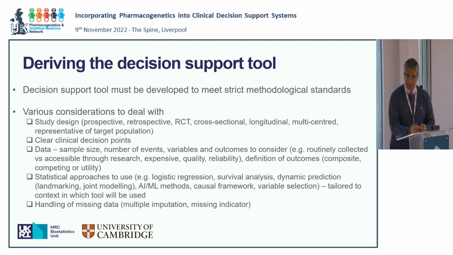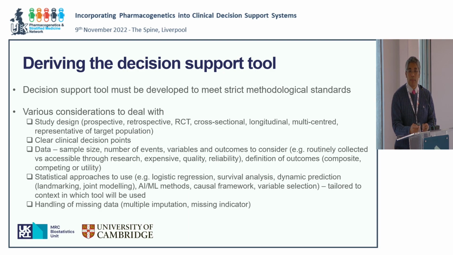So we should be thinking about routinely collected data, whether these variables and outcomes are expensive, whether they are quality assured, and whether they are reliable. We need to also think about the definition of outcomes. Is the outcome that we're going to use in developing the models consistent with the outcome we're going to use in clinical practice?